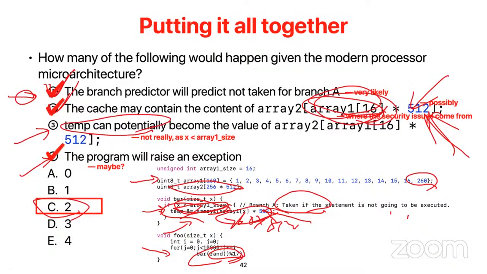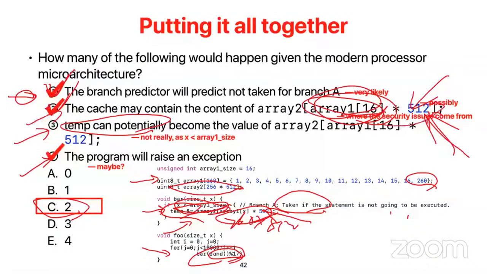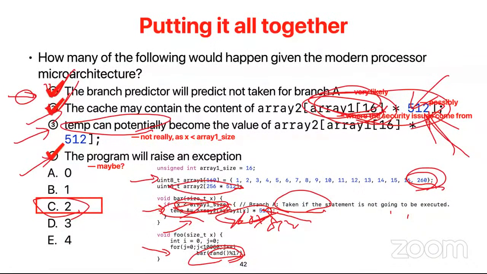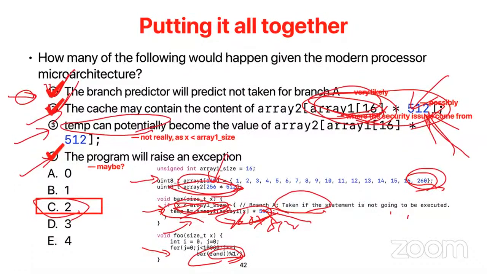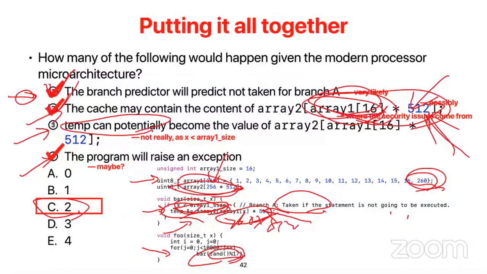But what would happen here is that the cache would have the value of this, which is out of bound, because the array 2 only has 256. That's something illegal. However, it won't be captured by your operating system because that instruction is under speculative execution, and it won't trigger the exception handler.